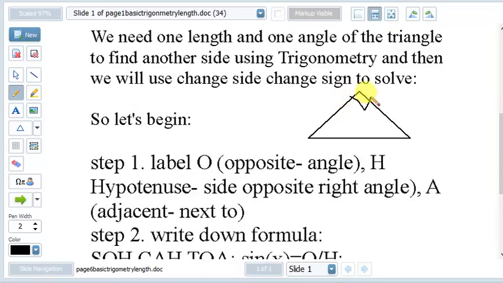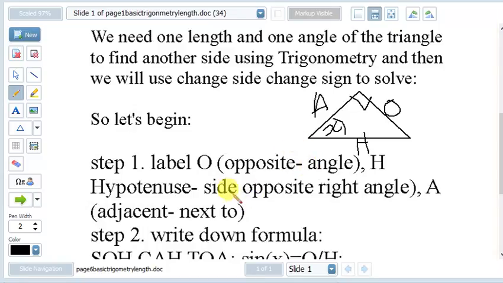So my right angle is there, and we're going to put our angle X there. The side opposite the 90-degree angle is the hypotenuse, the side opposite the X is the opposite, and the other side is next to it, so it's the adjacent side.